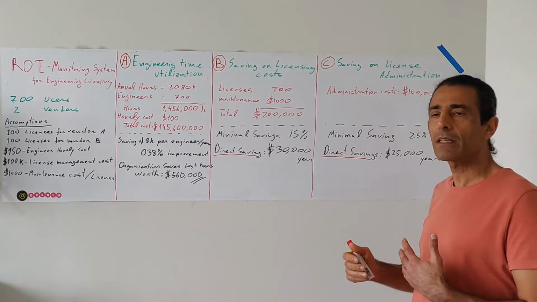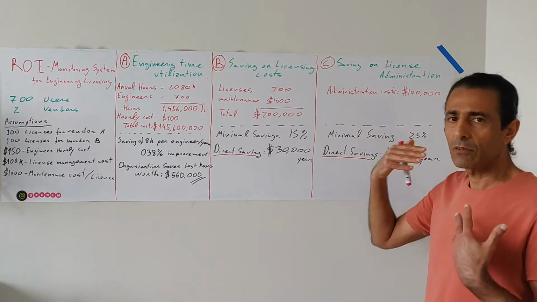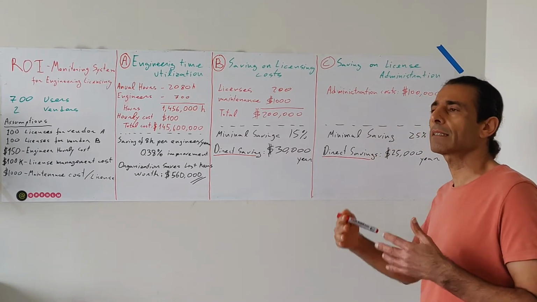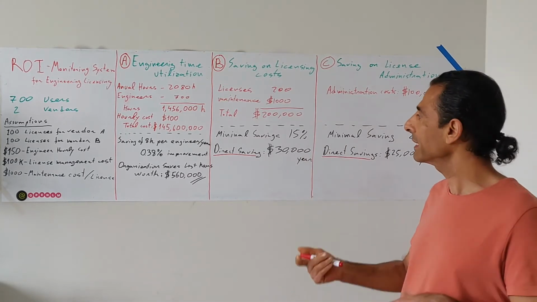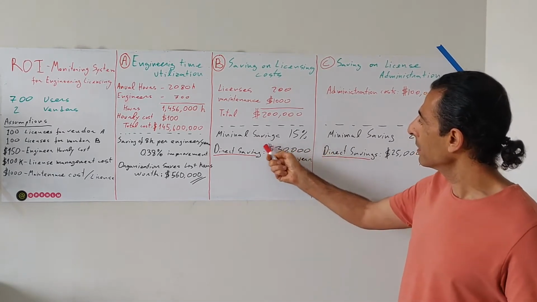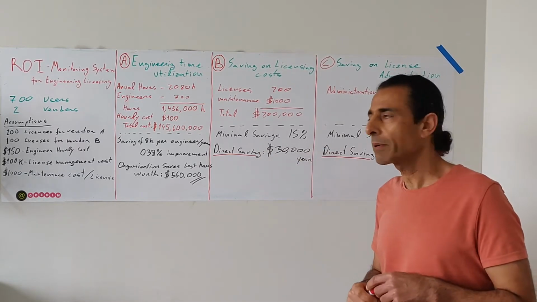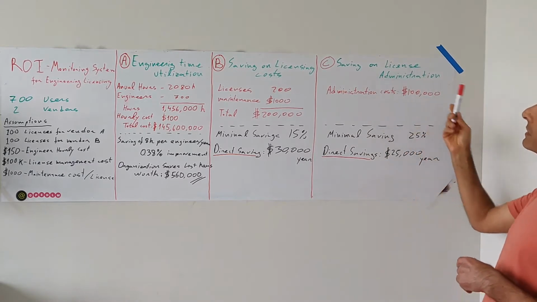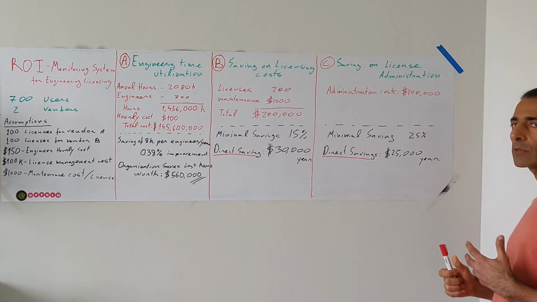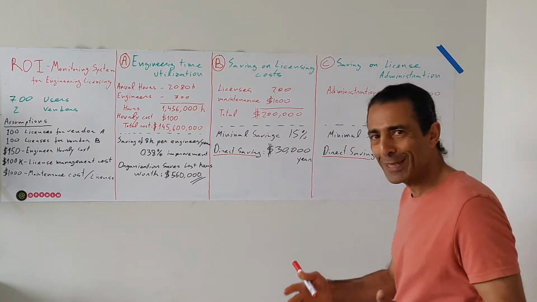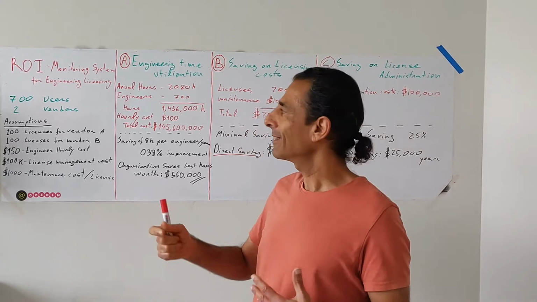Saving on licensing costs, by better utilizing the licenses and stopping maintenance for licenses that are not actually needed, is a minimal amount of $30,000 per year. And saving on the administration cost of the licenses is $25,000 per year. Now, let me go to the detail and explain everything.